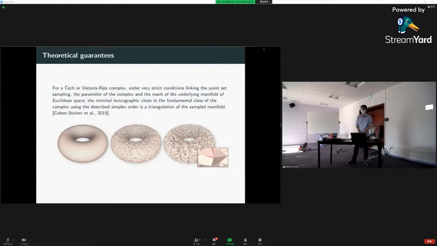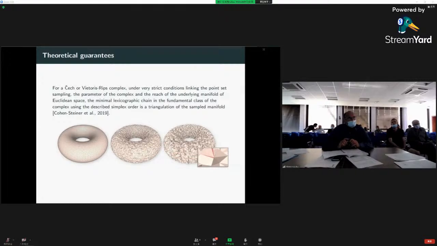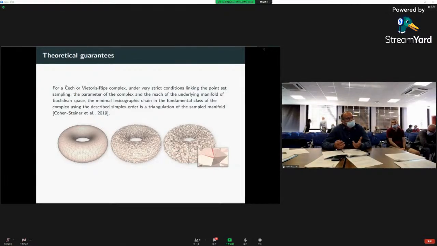Yes, the other question is of the same nature as what someone asked. I found it a bit frustrating that your thesis contains many beautiful theoretical results, and also practical results. But the guarantees on the reconstructions are pretty weak. You mentioned this paper, which is not even mentioned in your thesis, with very strict conditions to get a triangulation.